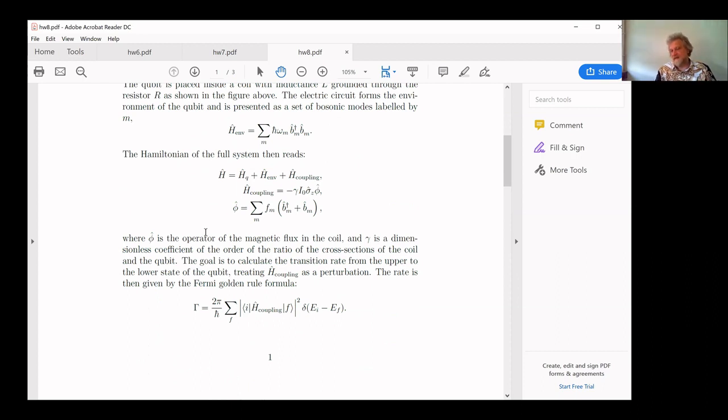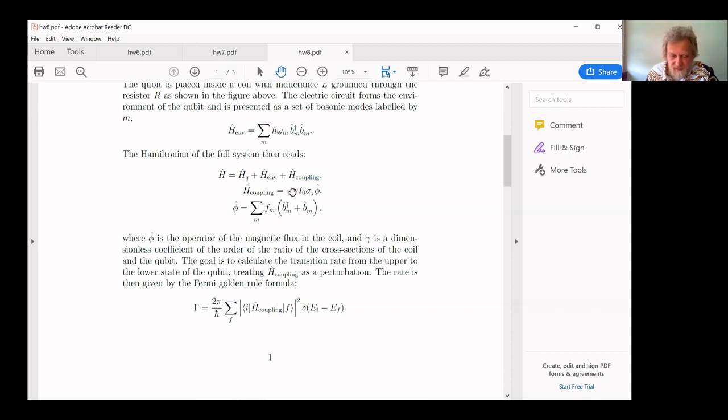With this we have a Hamiltonian which, if you remember the lectures, is the Hamiltonian of the spin-boson model. There's the qubit containing sigma matrices, there's the environment, and this is the coupling, which is written in two stages.